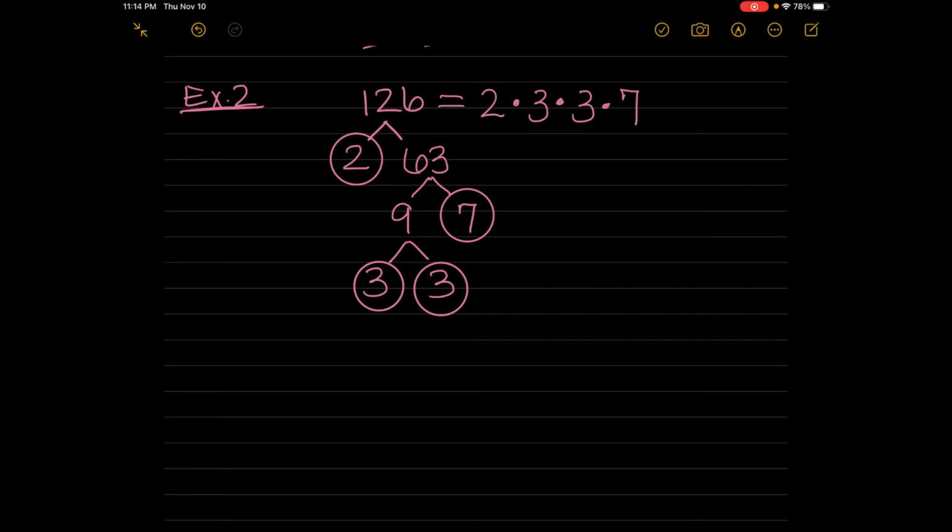This is prime factorization, but I want it in exponential notation. So I want to put anything that's repeated as an exponent. So these two numbers are repeated. So I'm going to rewrite this as 2 times 3 squared times 7.